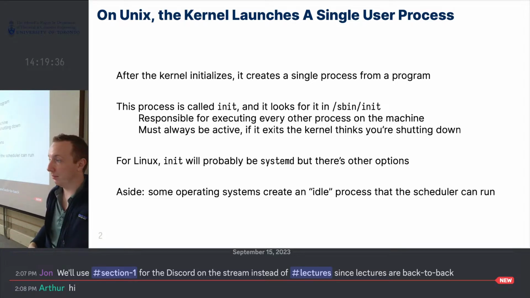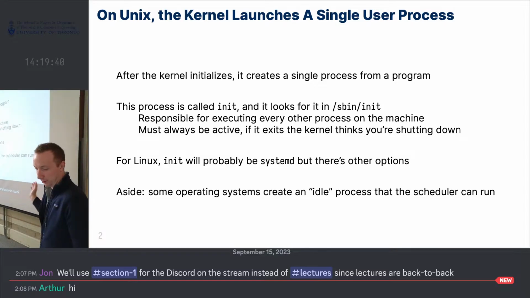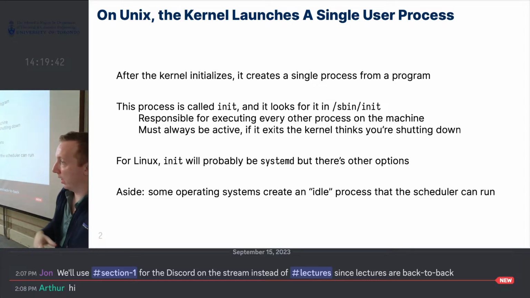And process ID 1 is responsible for launching every other process on your system. So as part of booting up, when the kernel is done initializing all your hardware and everything like that, it will start one and only one process. That will be called process ID 1. And as long as that process is running, well, then your computer is running.